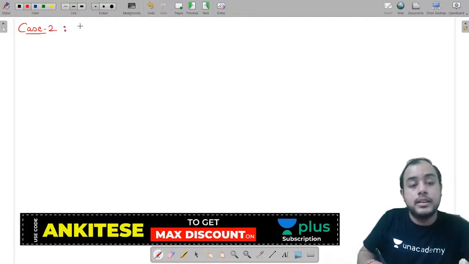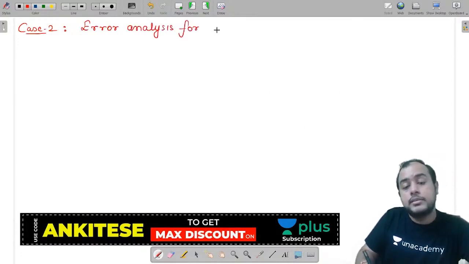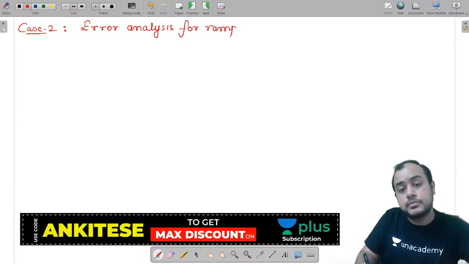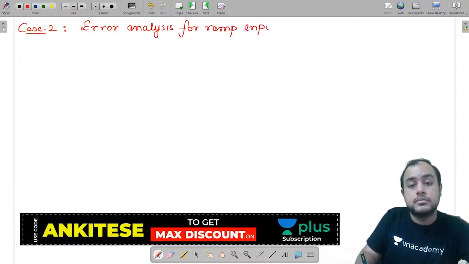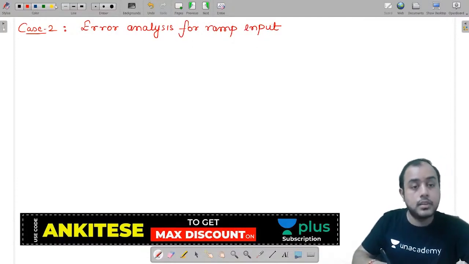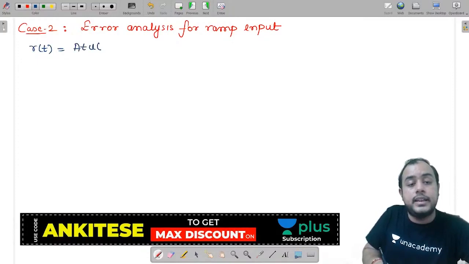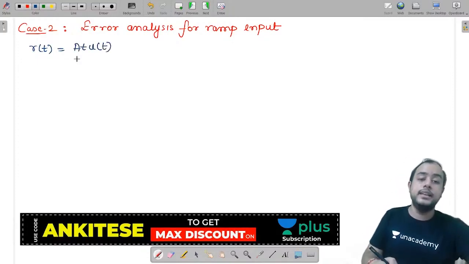Case 2. Case 2 is your error analysis for ramp input. So guys, the input in this case I am directly taking as A t u(t).